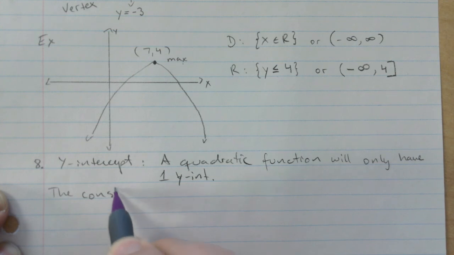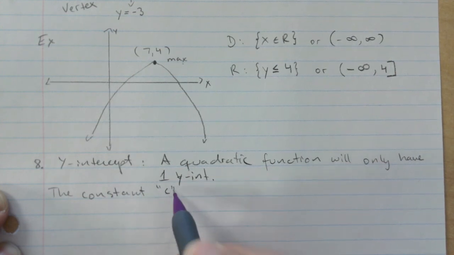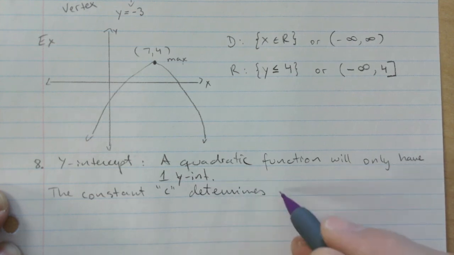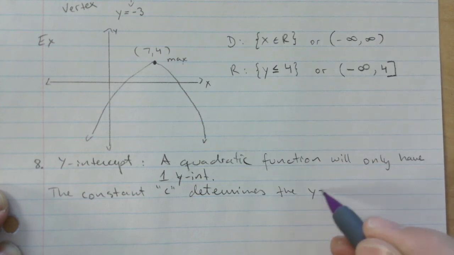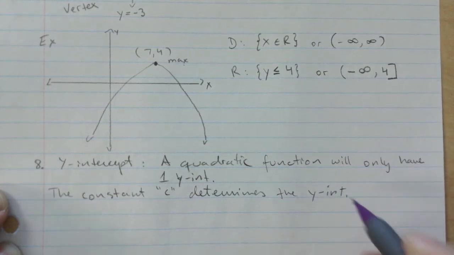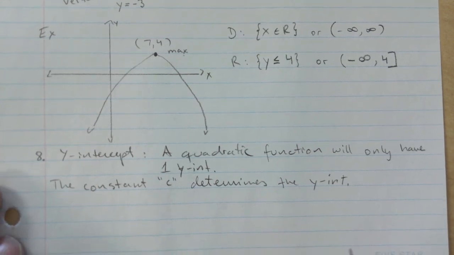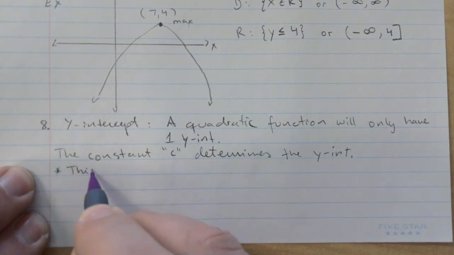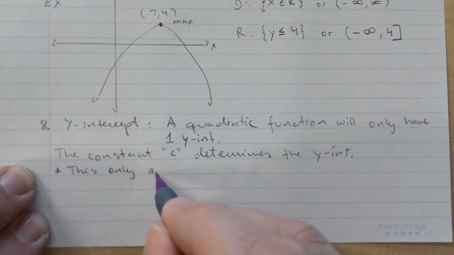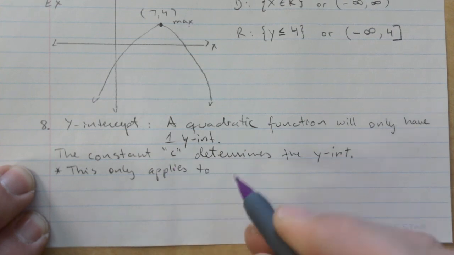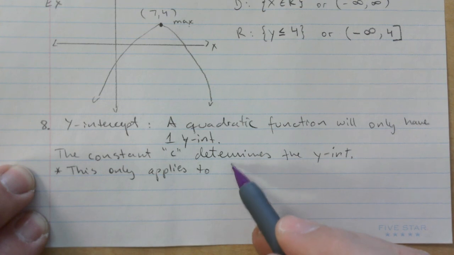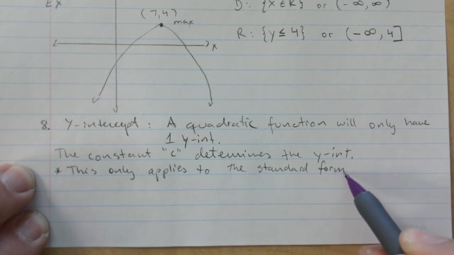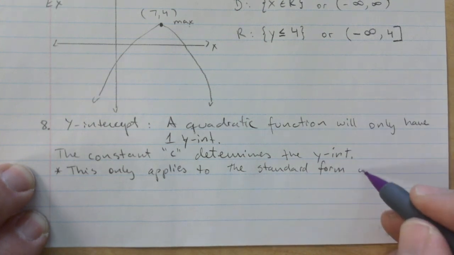The constant c determines the y-intercept, or gives us the y-intercept. But I will give you a little caveat. This only applies to the standard form of the quadratic.